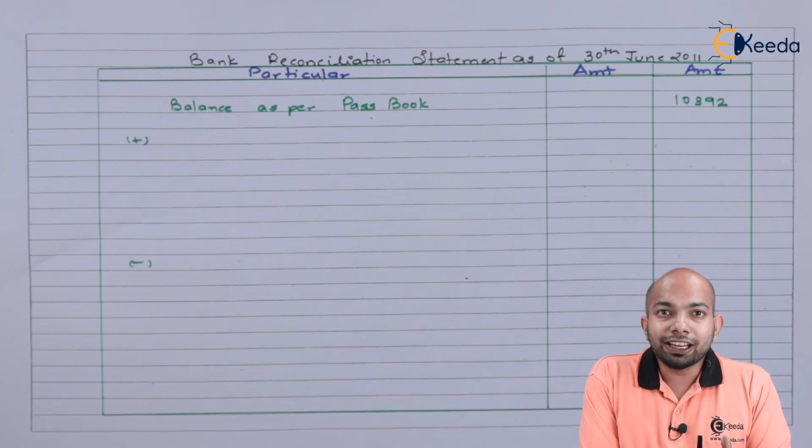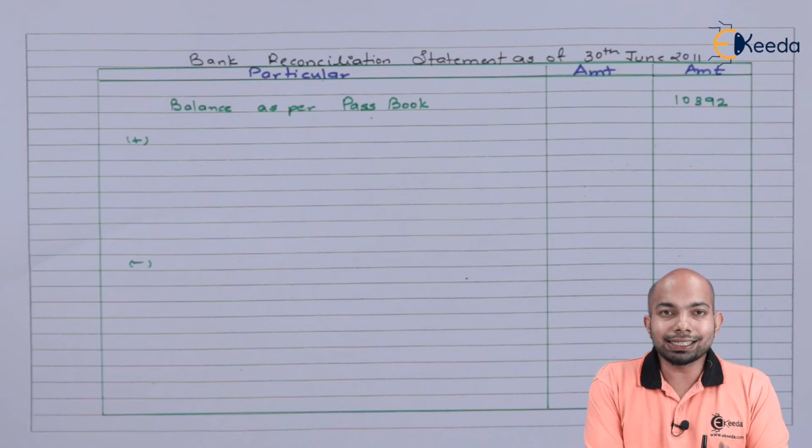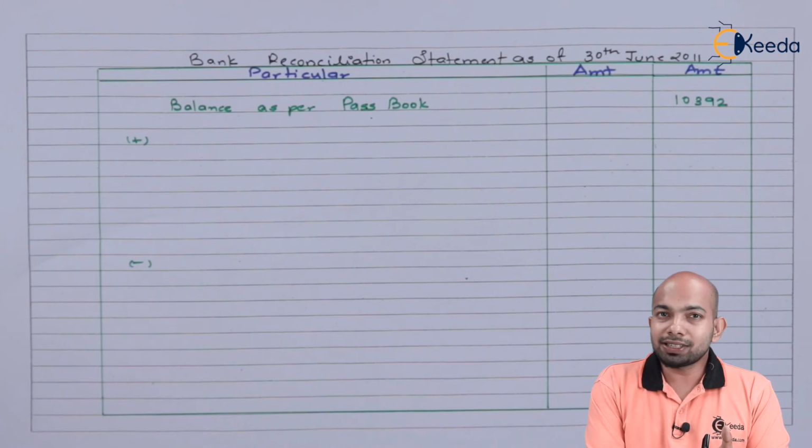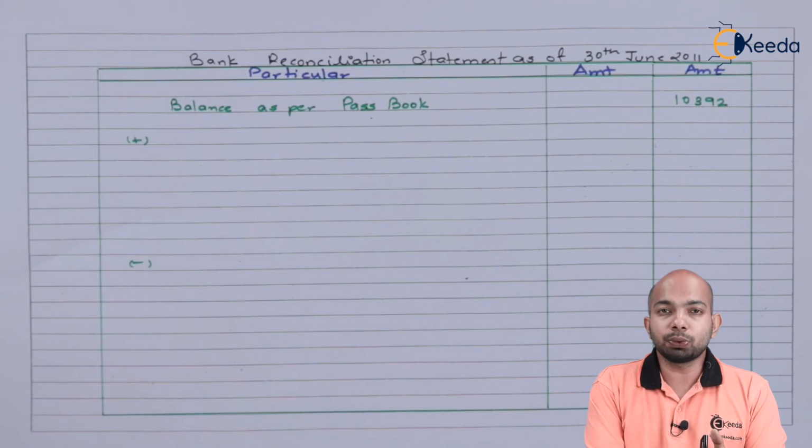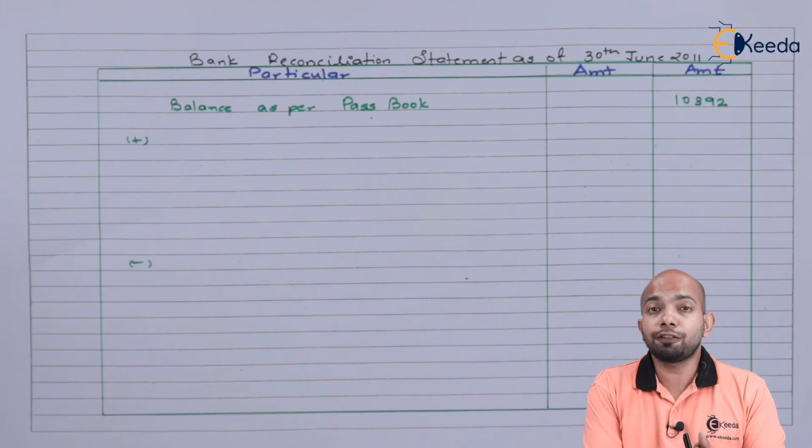So now you can see, we have prepared the bank reconciliation statement. We'll be mentioning all the items that are supposed to be added and the ones that are supposed to be subtracted, and we'll see whether we have a favorable balance or an unfavorable balance as per cash book. Let's figure it out.